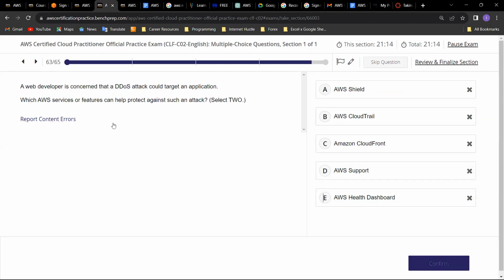A web developer is concerned that a DDoS attack could target an application. Which AWS services or features can help protect against such an attack? Select 2. Let's start again. A and what?